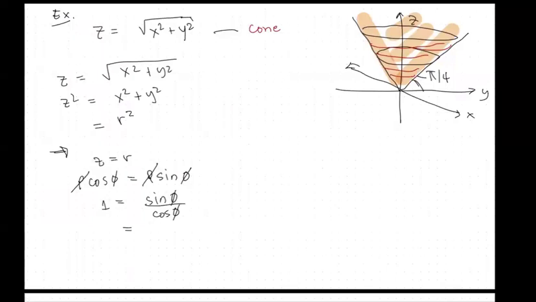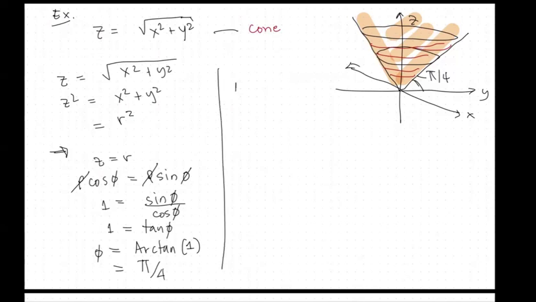So this is equal to tangent of phi. That means your phi here is arctangent of 1, which is pi over 4. So here we conclude that phi equal to pi over 4 is a cone in spherical coordinates.